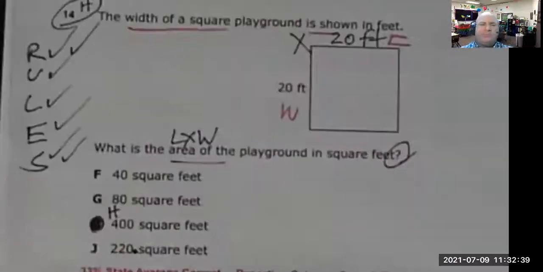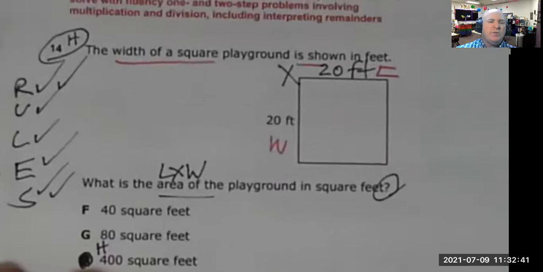The reason I'm making a square or a rectangle is because in both questions, the shapes involved are rectangles and squares. So let me show it to you, because some of you are visual learners. I'm going to share with my document camera.